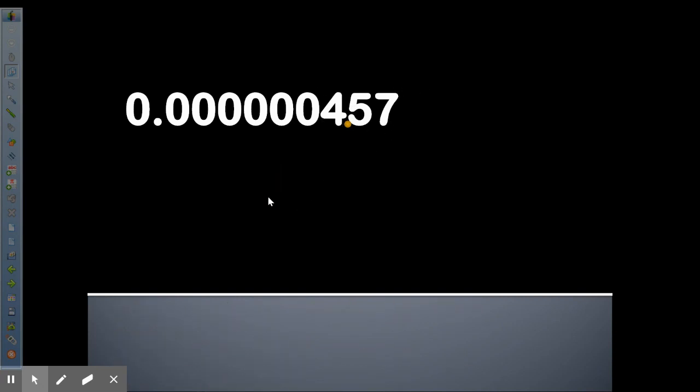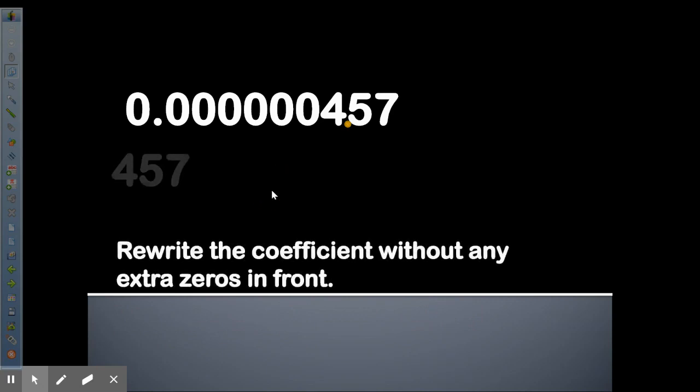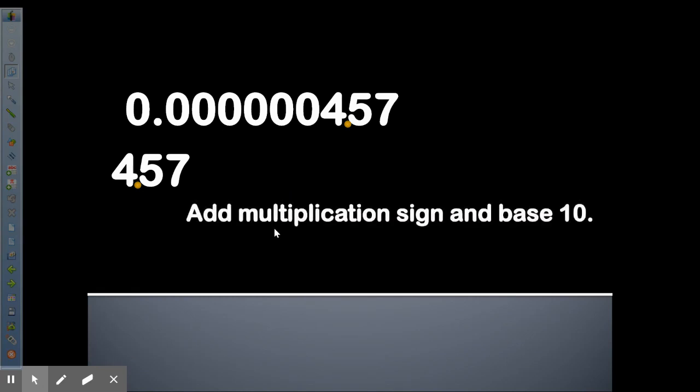And now this 4.57, that is my coefficient. Here's the front of it. So 4.57, and then scientific notation, what comes next? Always the times 10. And now my exponent. So my decimal was here, but I moved it between the 4 and the 5.